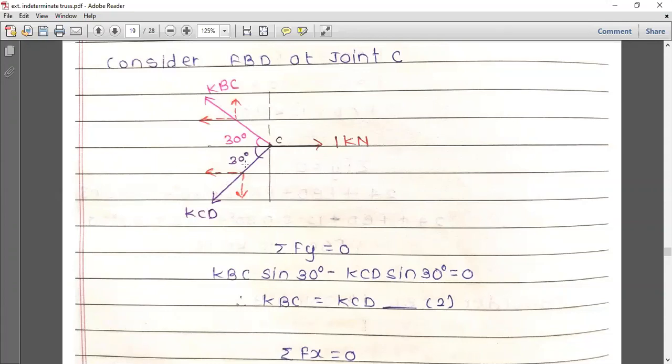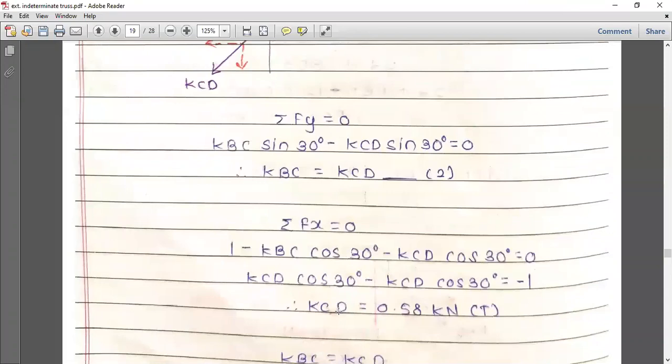Apply summation Fy equal to 0. So KBC, of course you are in K force analysis, that's why I have written K. KBC sine 30 is going upward, so plus, and KCD sine 30 is going downward, so minus, equals 0. So we are getting a relationship between two forces, KBC and KCD.